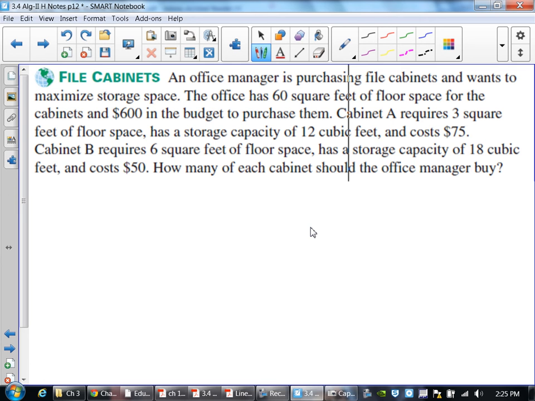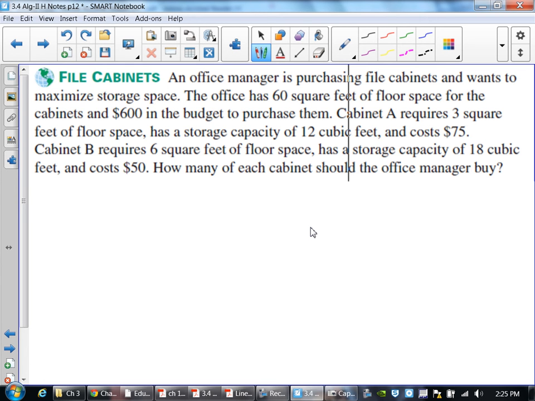You are purchasing filing cabinets to maximize storage space. So right off the bat, it tells you what your objective is: to maximize storage capacity. Just read through the next lines here.